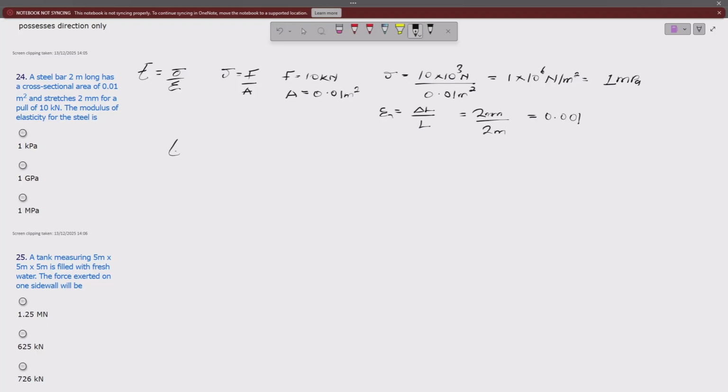Now we need to calculate for the Young modulus. So E, which is stress over strain, that is 1 megapascal divided by 0.001.